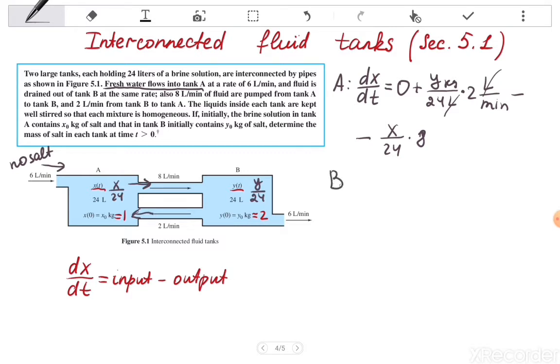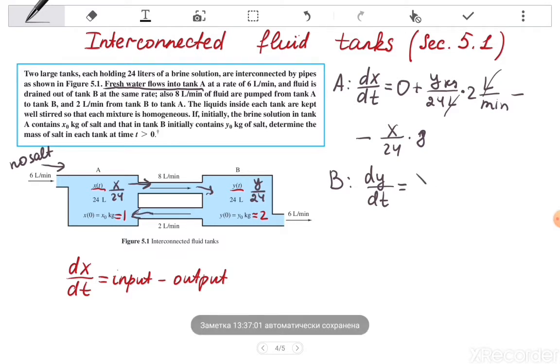What about tank B now? In tank B we have only one input, through this pipe. And we know that through this pipe we obtain x over 24 times 8 kilograms per minute. Sorry, we have to first write dy/dt. The rate of change of salt in tank B is dy/dt. And the input is x over 24 times 8 through this pipe here.